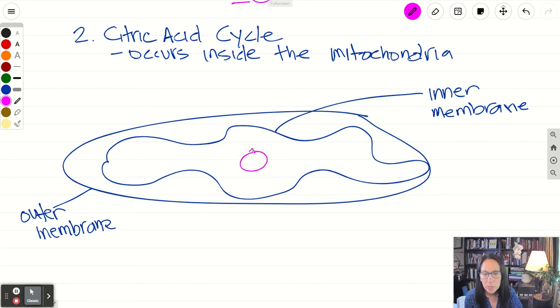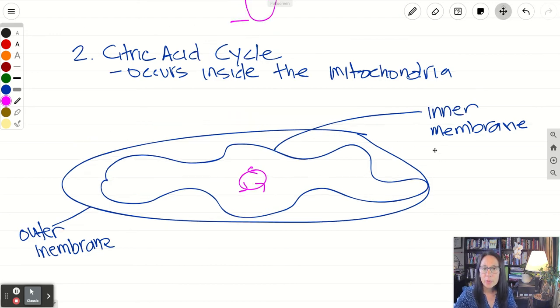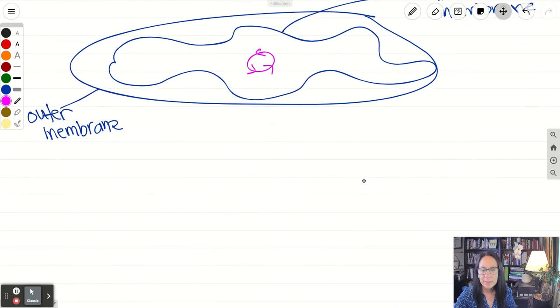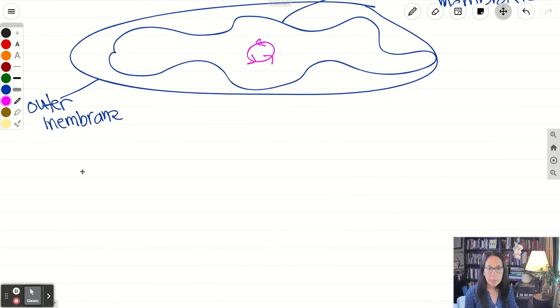Okay, so I'm going to draw this like this. It's a cycle, so I'm going to draw it going in one direction, and it's called the citric acid cycle. Okay, so what I want to do is give you the formula like I did before. I did that in pink. And so the formula for the citric acid cycle is this.